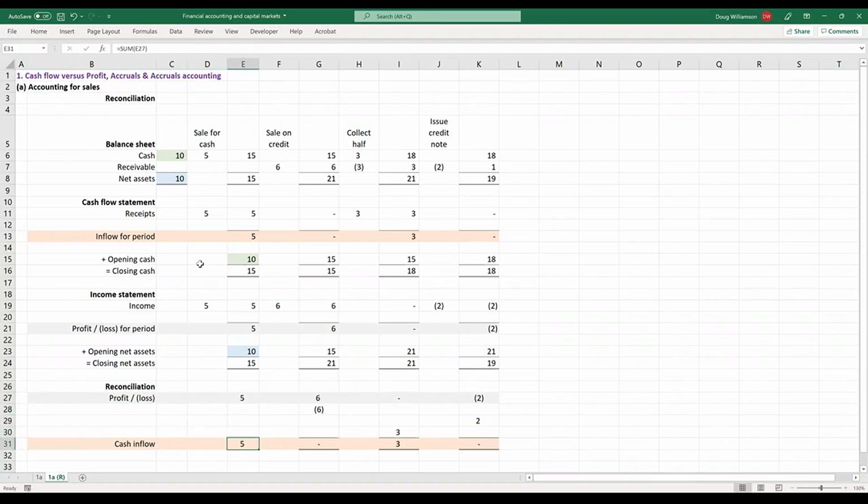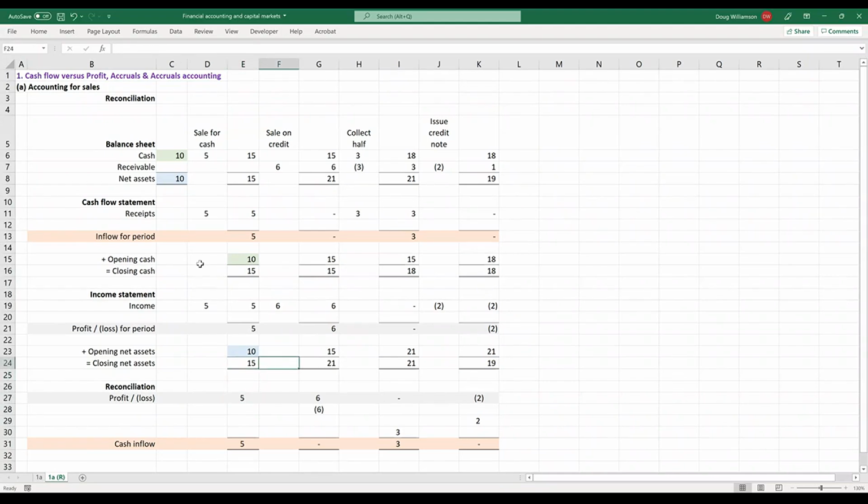And the reason is there are no timing differences in between the income statement down here and the cash flow statement up here. So neither of these contains any item that is not in the other one. If there is an item in one and not the other, then there's a timing difference between cash and profit or loss. So cash sales, no timing differences, no reconciling items.